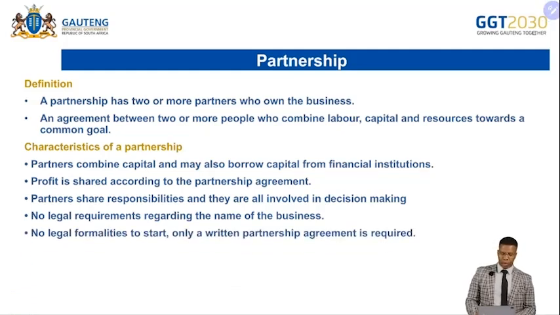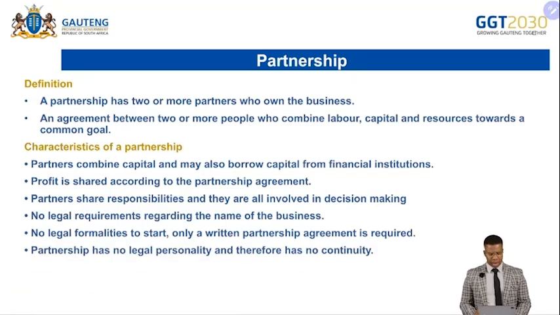Then no legal formalities are needed as well to start the partnership. Only a written partnership agreement is required. The agreement will be about how profits will be shared. It will be about the responsibilities of the partners and so forth. Then a partnership has no legal personality, therefore it has no continuity.